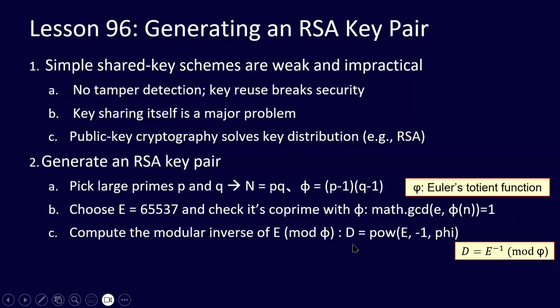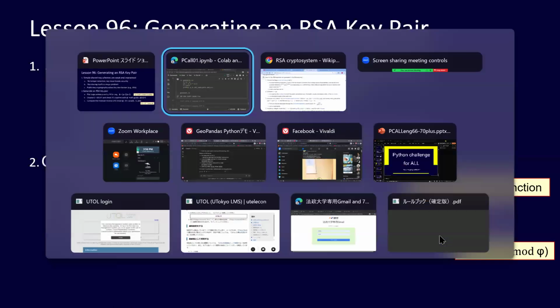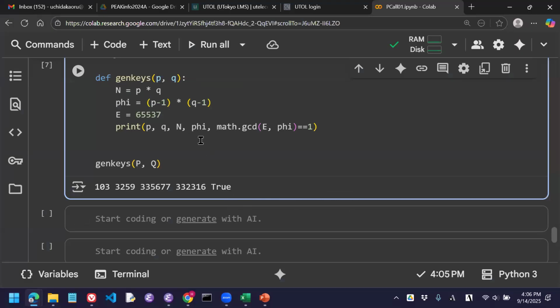In Python, it's like this: D equals pow of E to the power of negative 1 with the modulus of phi.